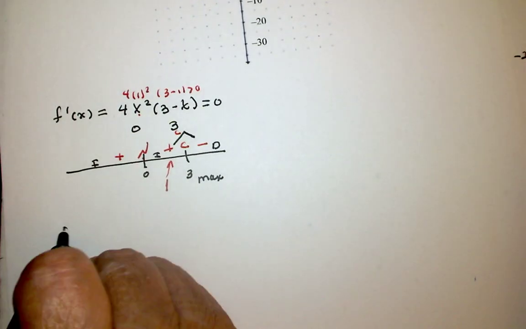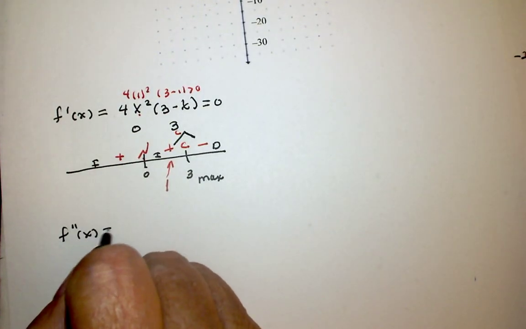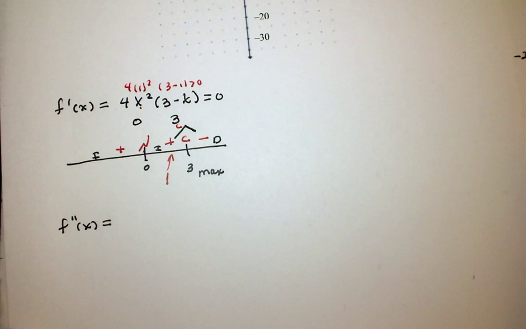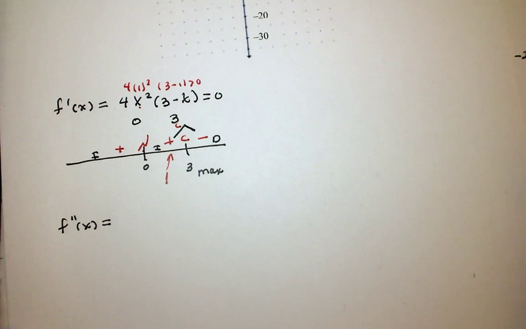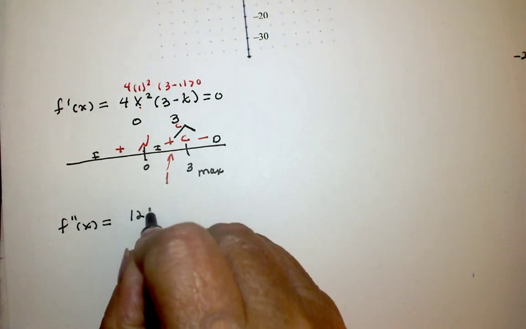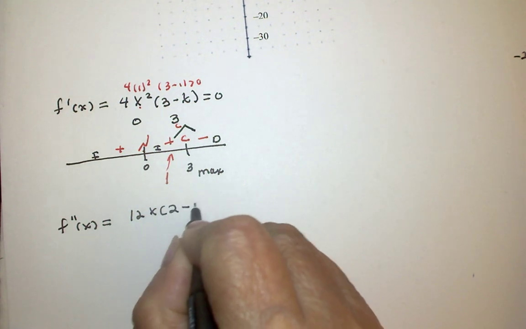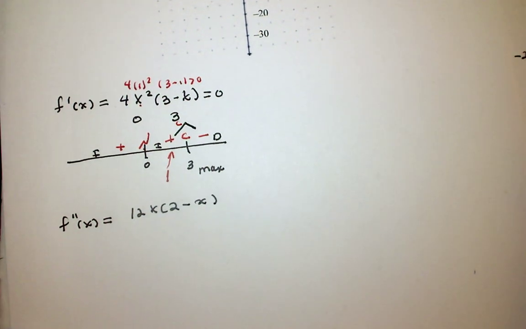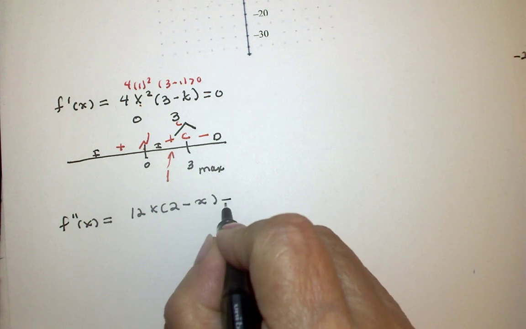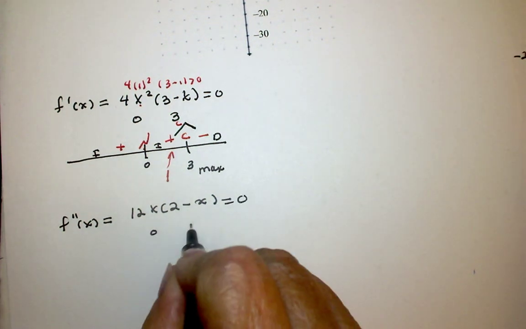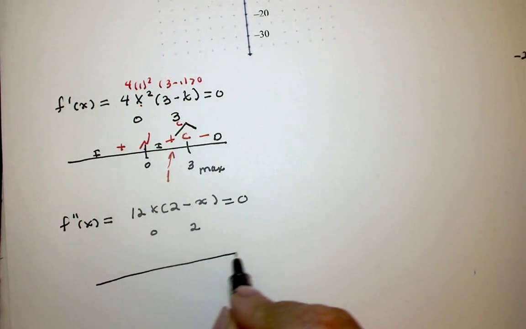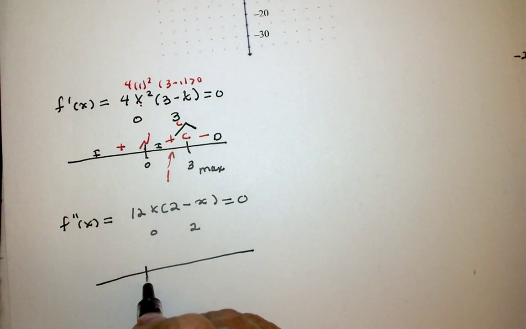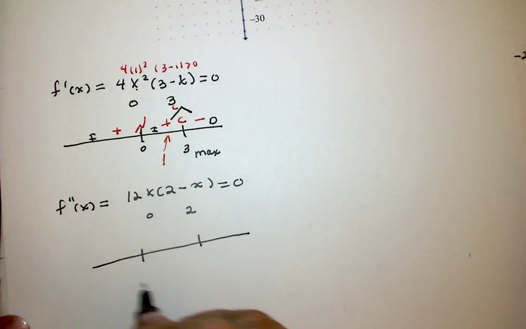And now I'm going to go after f double prime. And f double prime is 12x times (2 minus x). And set that equal to 0, and I get 0 and 2. Both multiplicity 1, which means they're both inflection points.